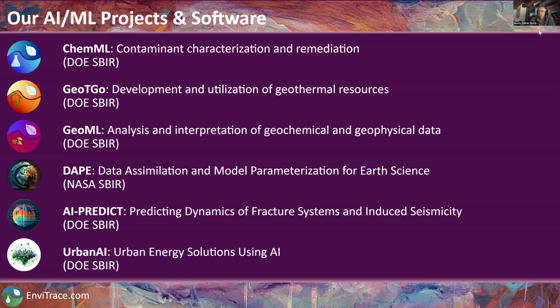The third tool is GeoML, and I'll be demonstrating both Geo2Go and GeoML. GeoML is for applying geochemical and geophysical data to characterize reservoir basins. These are subsurface formations that are frequently used for different purposes, not only for geothermal, but they also can be used for carbon sequestration, oil and gas extraction, energy storage, waste disposal, water supply, multiple uses.